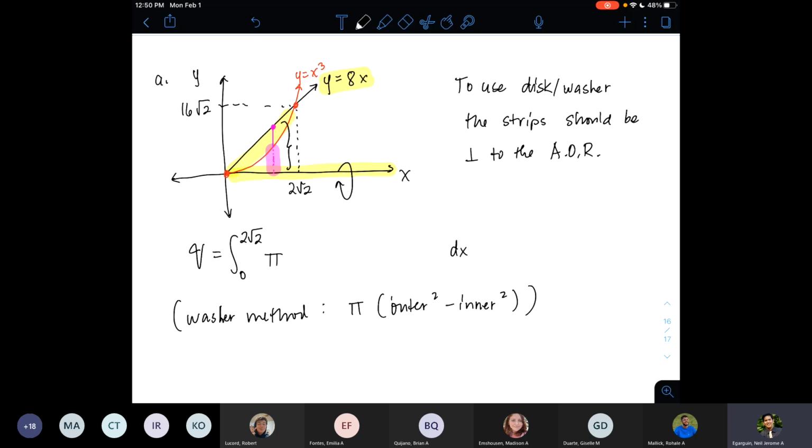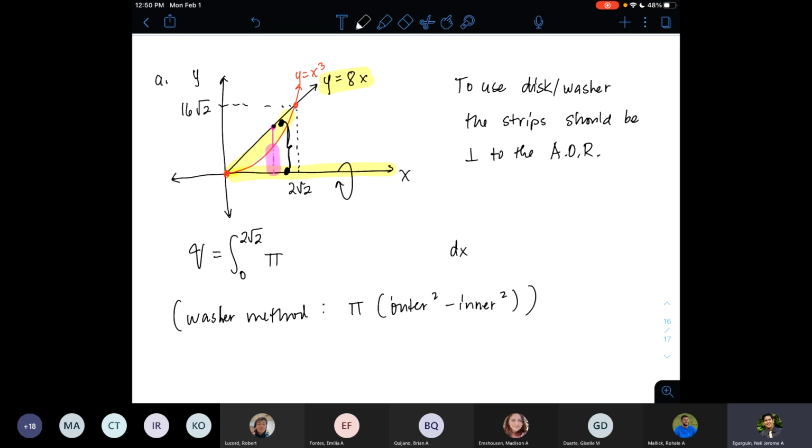So I have that vertical strip coming from the AOR towards the end portion of the region. Remember, the radii are always to be computed from the AOR. So the larger one will start from the AOR, from here, and it will end until here. But that end corresponds to the straight line, right? Remember how we calculate distances in the Cartesian plane?